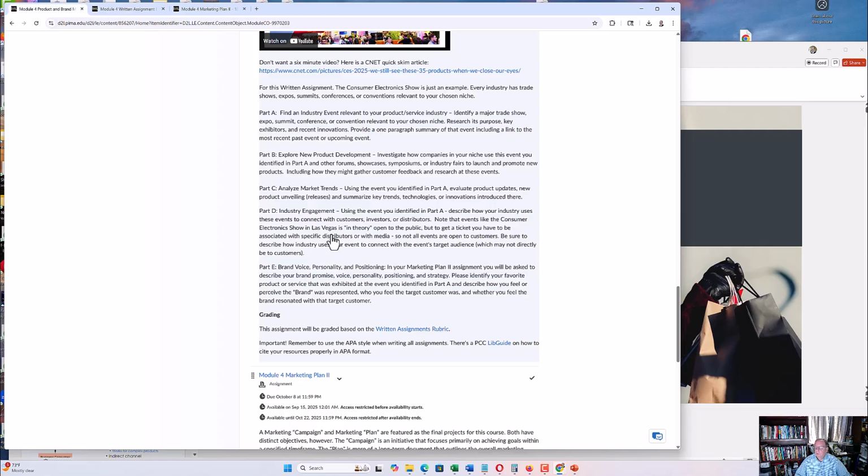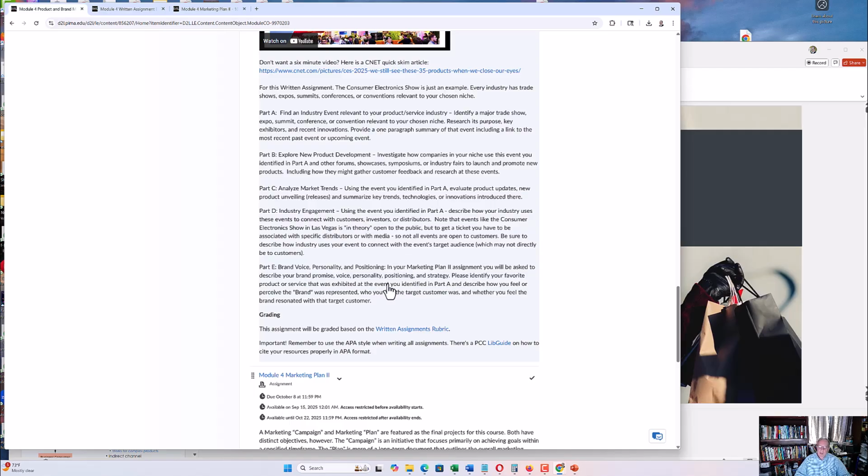Just like the Consumer Electronics Show in Vegas is in theory open to the public, you have to get a ticket and be associated with distributors or the media, so it's not really open to customers. You get to describe how the event you chose is open to customers, or to vendors, or to the customer segment that the industry event is targeted to. And you get to describe how that industry is engaging with their community.